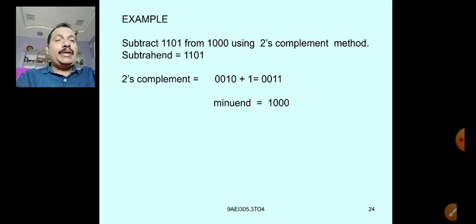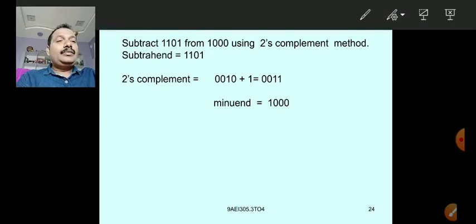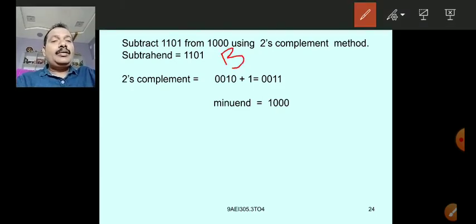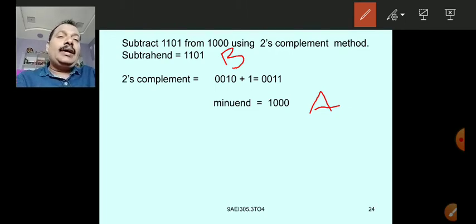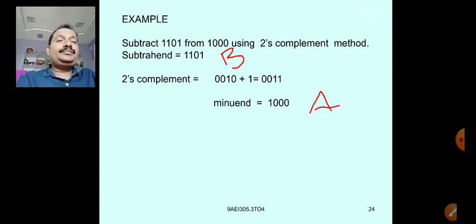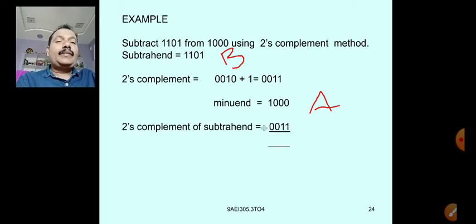You take the minuend. This is the B, and the minuend is A. So now take the A number, the minuend, and add the 2's complement number 0011.